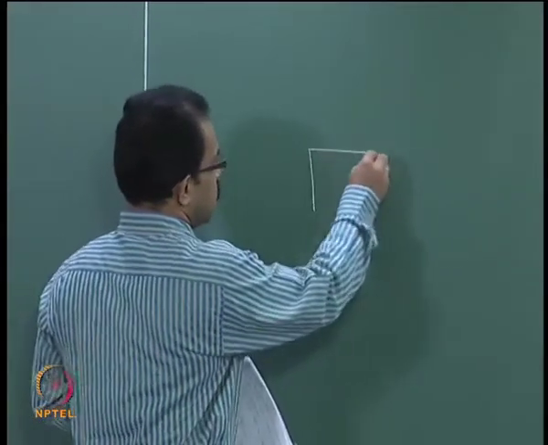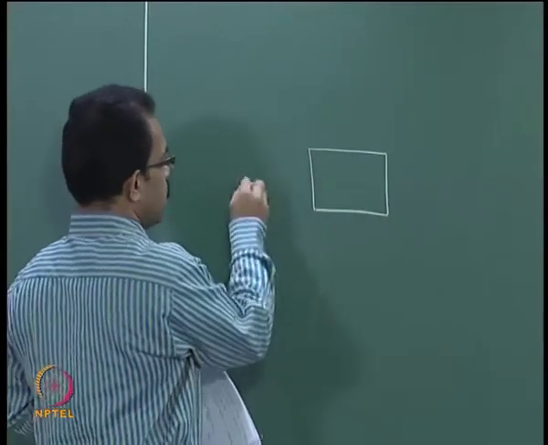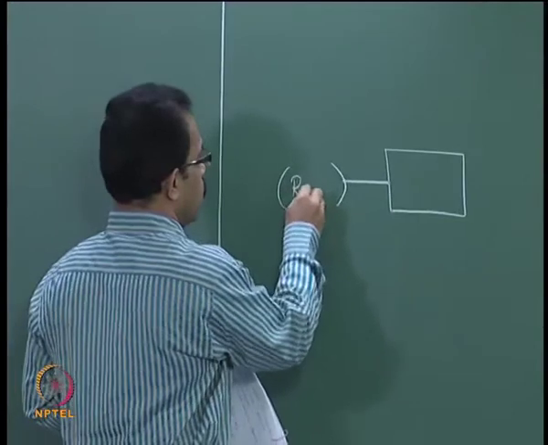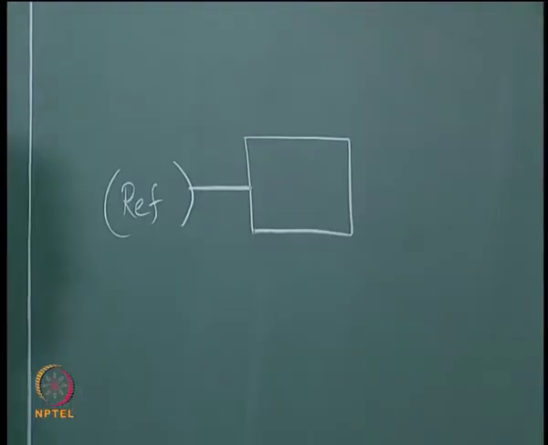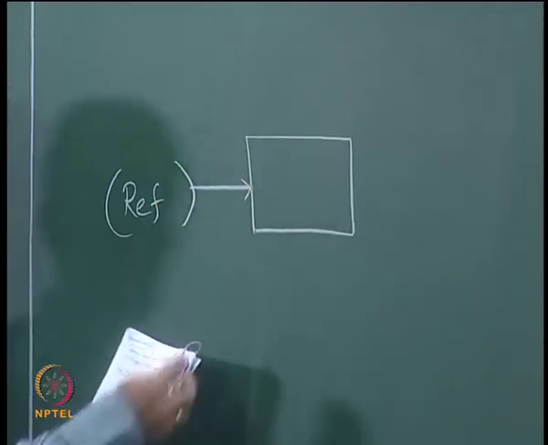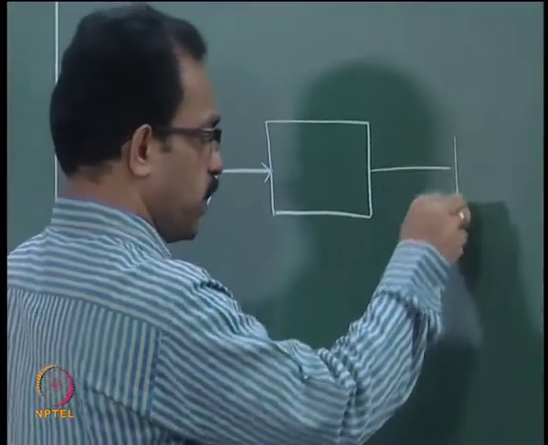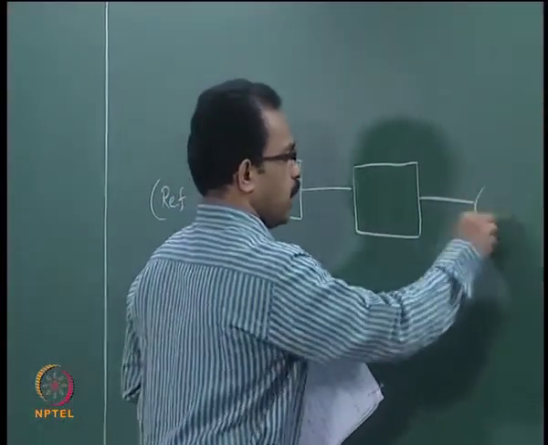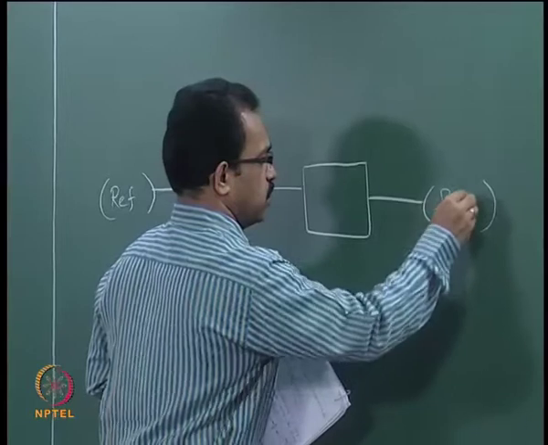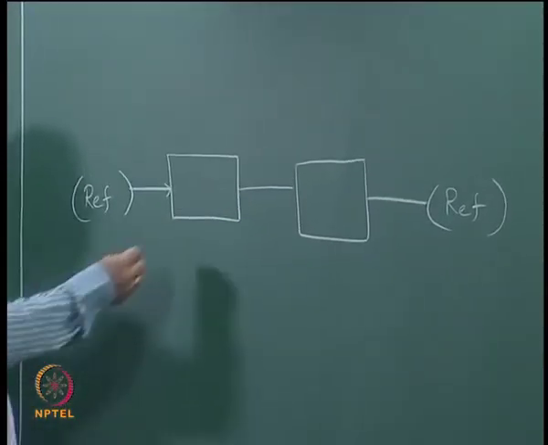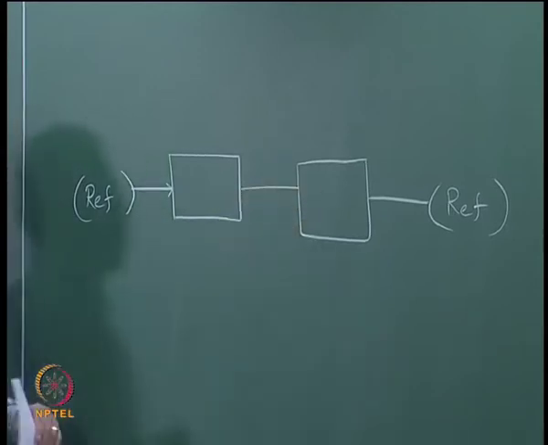We start with a reference function, which may be an external function or a function of a subsystem. From that reference one function is executed, then the next function is executed, and then it goes to the external system or the other subsystem. This is serial execution.